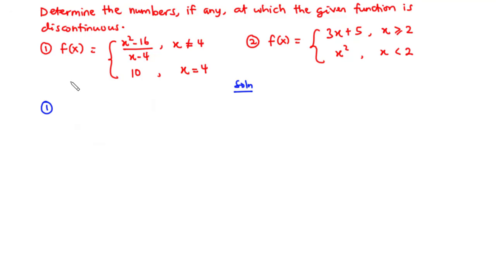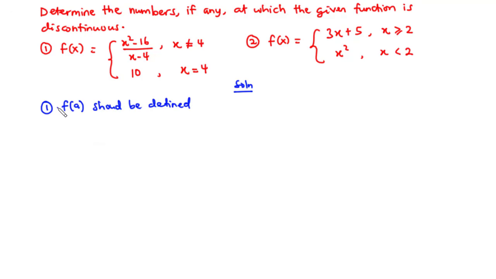Now to prove whether a function is continuous at a point, first of all, we know that f of a should be defined.